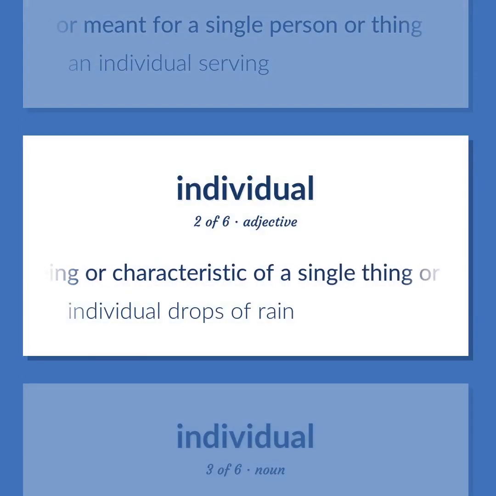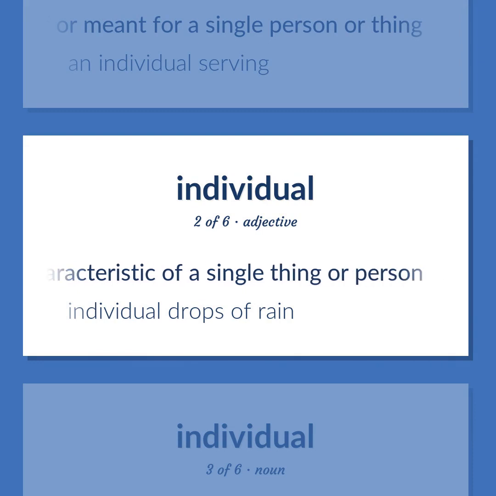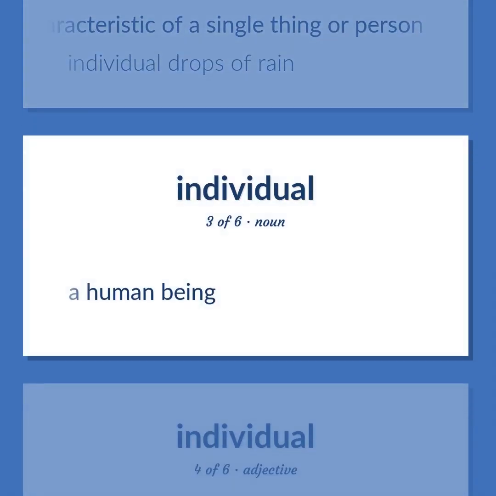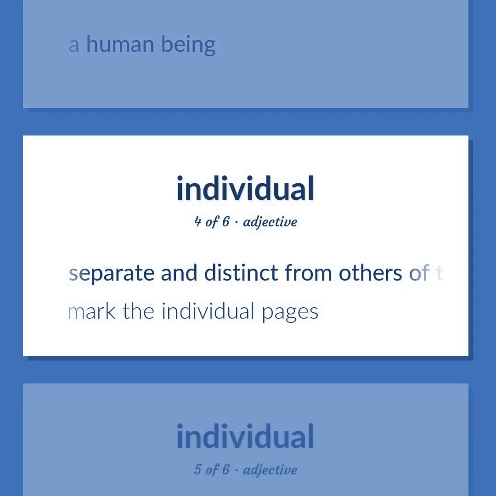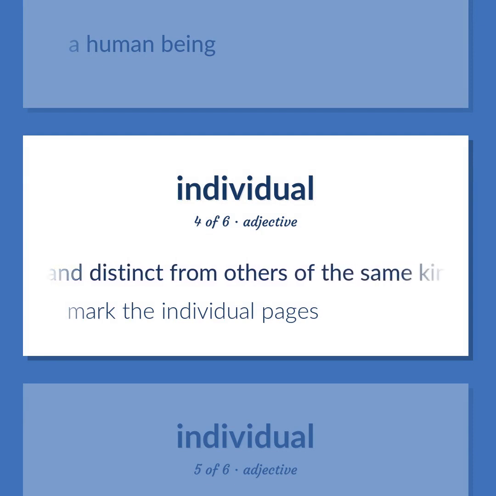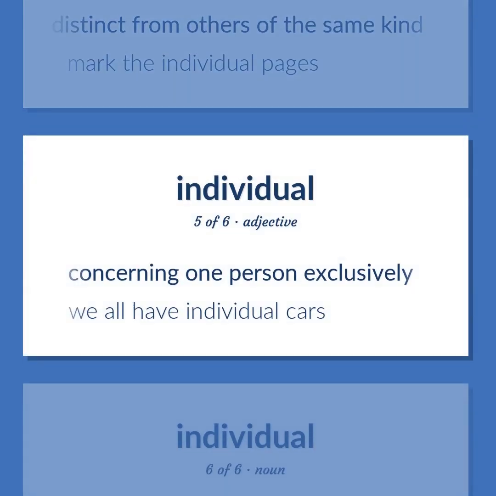Being or characteristic of a single thing or person. Individual drops of rain. A human being. Separate and distinct from others of the same kind. Mark the individual pages. Concerning one person exclusively. We all have individual cars.